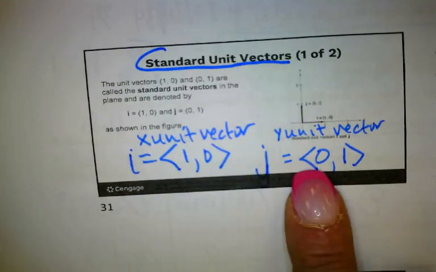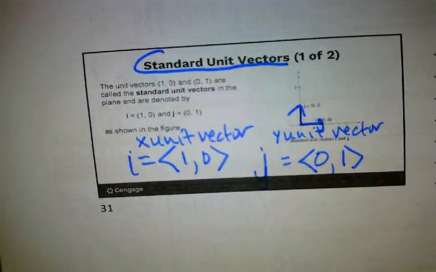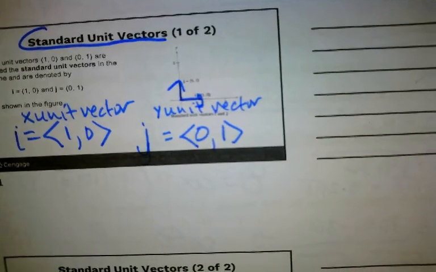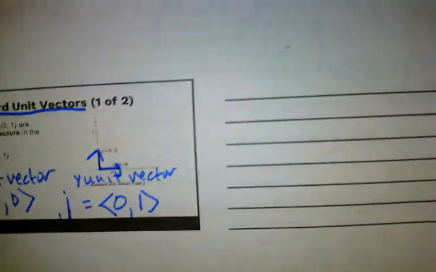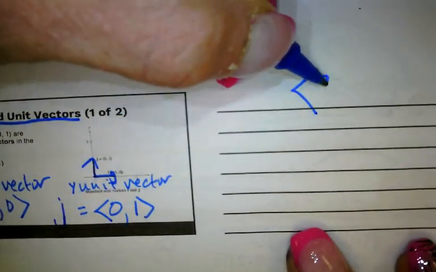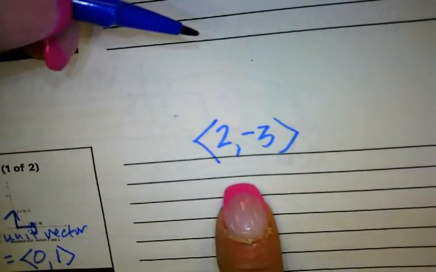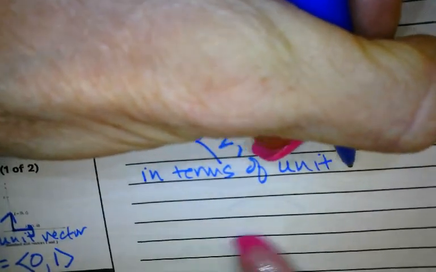Because of this, I can take any vector and rewrite it. So I could take the vector (2, -3), which is just a basic vector, and write it in terms of unit vectors as 2i minus 3j.